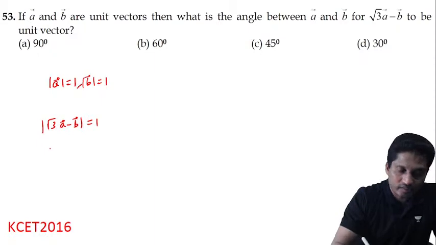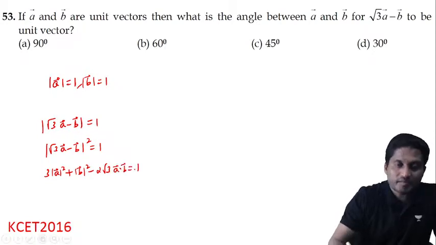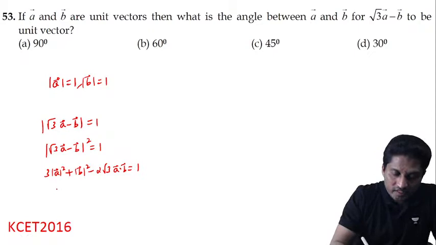If you square on both sides, you will get root 3A minus B the whole square equal to 1. A square is 3 into mod A the whole square. B square is mod B the whole square. Minus 2 root 3 A dot B equal to 1. A and B are unit vectors, right? So I'll get this as 3 plus 1 minus 2.